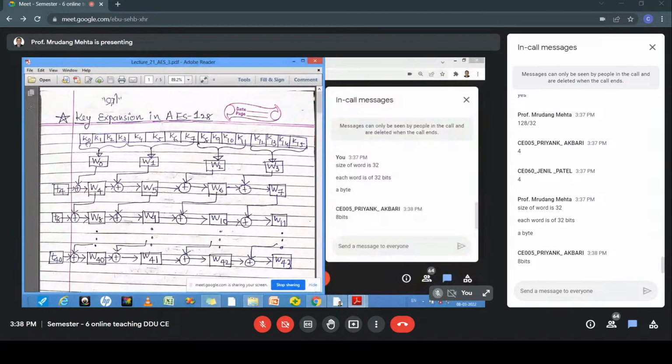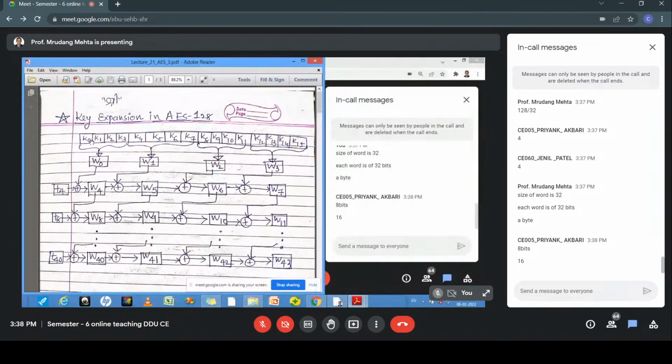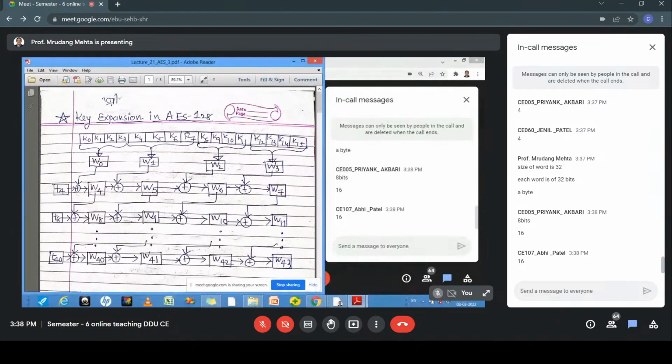So our key is a total of 128 bits. How many bytes are there? Can you calculate? 16, right? So here we have numbered those 16 bytes, K0, K1 up to K15.